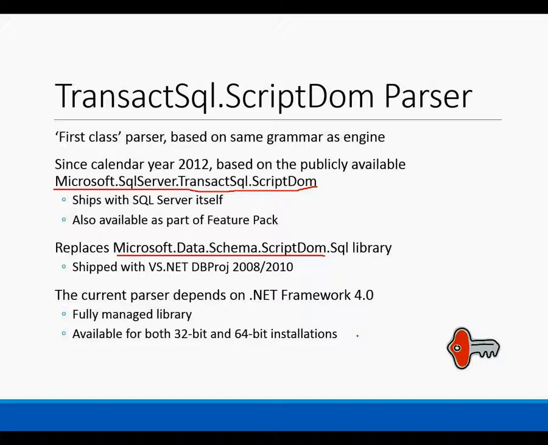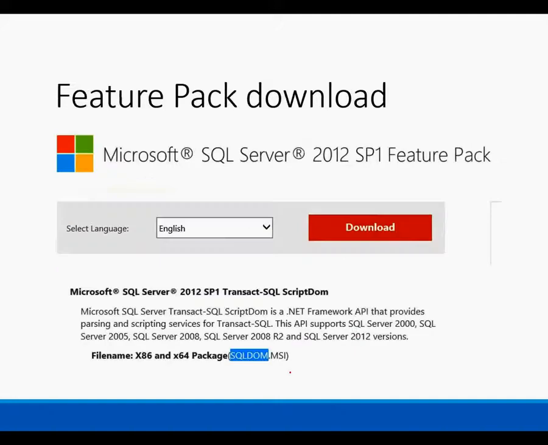So that's the history and the way this parser has evolved. Today you can get hold of the parser as a standalone through the SQL 2012 feature pack. I'm linking to the SP1 version here because there were some minor updates between RTM and SP1. When you get onto that page, you want to look for the SQL DOM MSI file.